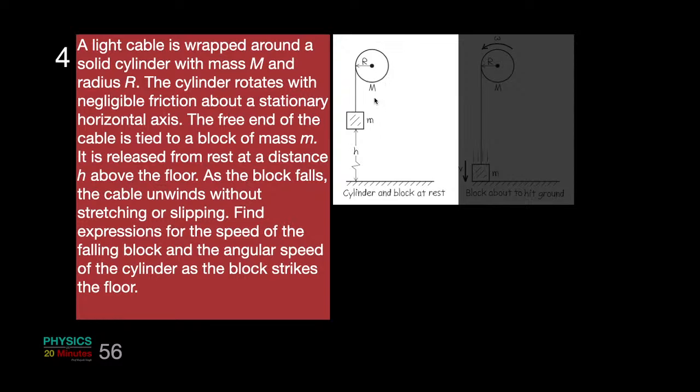This is a cylinder, radius r, mass m. On that we have wrapped a cable which is massless. At the free end of the cable, another mass m is attached. It is released from rest at a distance h above the floor. So this is distance h above the floor where you are going to release it.